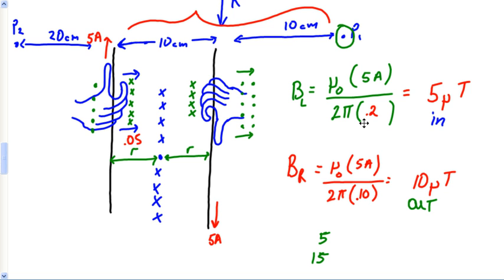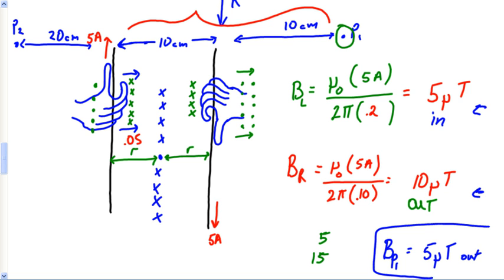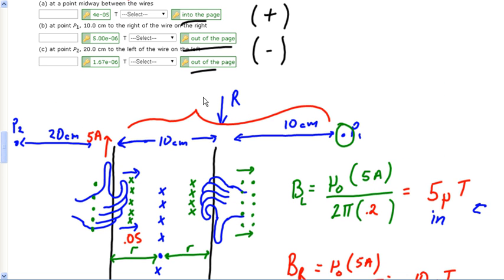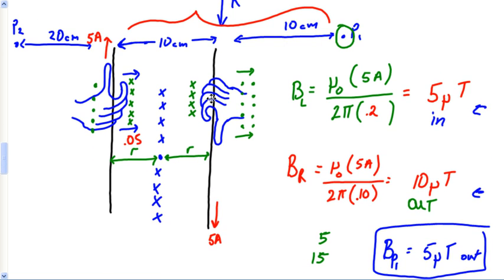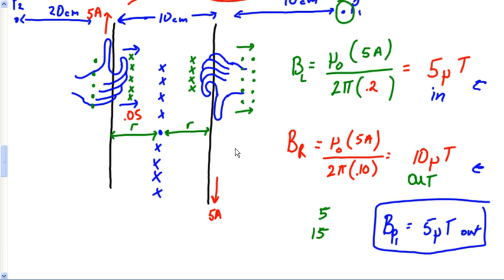So now, if you're trying to figure out what the answer is, B at point P1 is equal to, in this case, 5 in and 10 out, which means an answer of 5 microteslas out for that spot. This is why you've got to establish and wrap your hand around these wires before you get started at this point. Alright, so far we're doing pretty good.